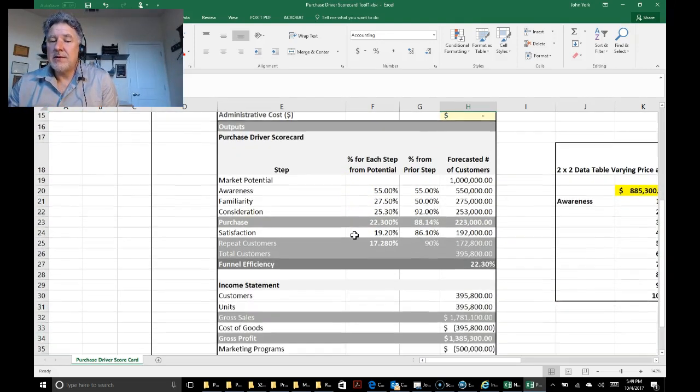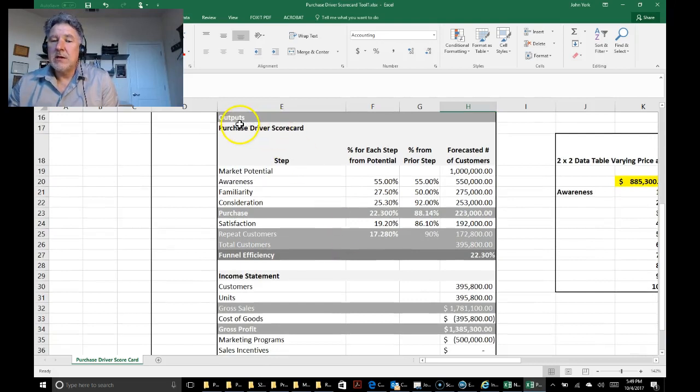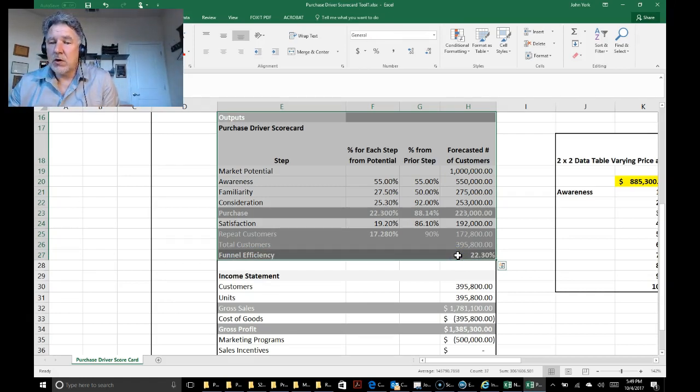And we'll come into the output portion, which is the first key output section here, that of the purchase driver scorecard. Basically for the purchase driver scorecard, what we have are the different elements of the funnel. Market potential, then you have awareness, familiar, consideration, purchase.